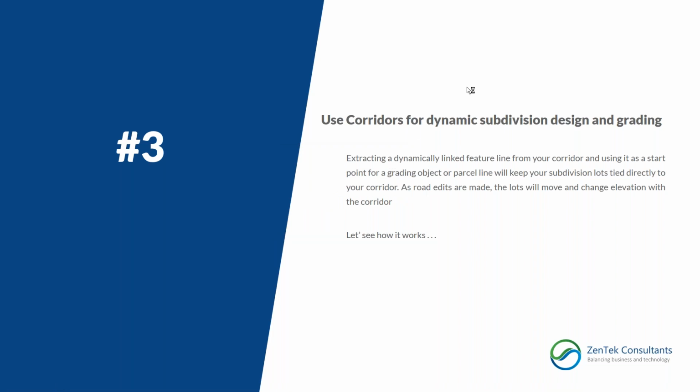So again, like I was saying, the idea here is that we can actually extract the feature line, tie our grading objects or our parcels directly to that feature line, and it will be dynamically linked so that as I update and modify the corridors, everything is going to update. It ties everything into a dynamic structure, and that's very common with Civil 3D, whether it's in the roadway design, pipe networks, corridors, or cross sections.